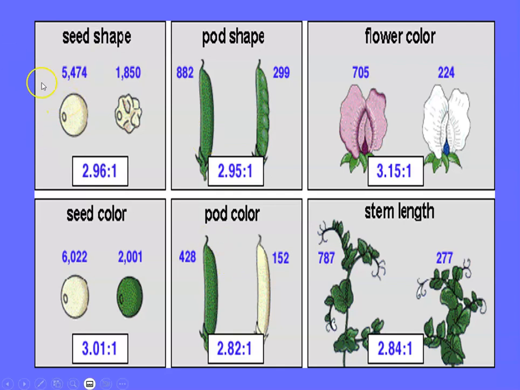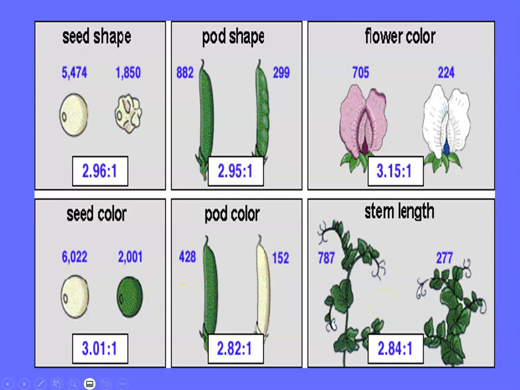And so with thousands of seeds counted, seeing that 5,474 were round and 1,850 were wrinkled, I mean, that's pretty compelling data to get a really close to 3-to-1 ratio. And so all of them together are really close to that 3-to-1 ratio of one variation of the trait to the other that didn't show up in the F1 generation offspring.